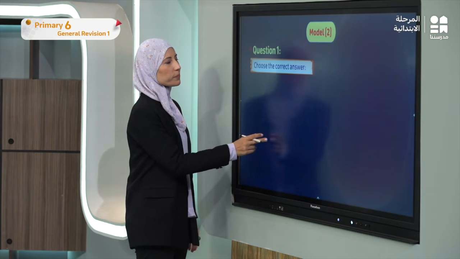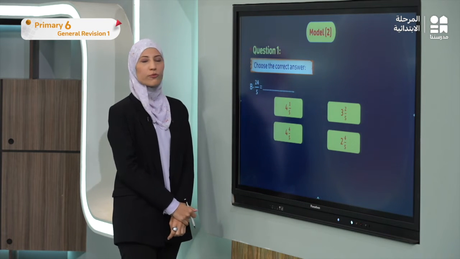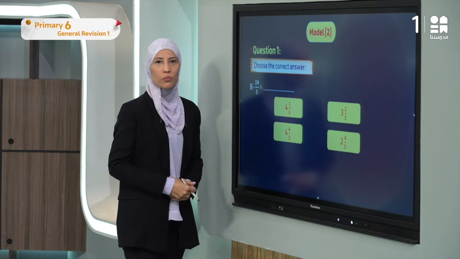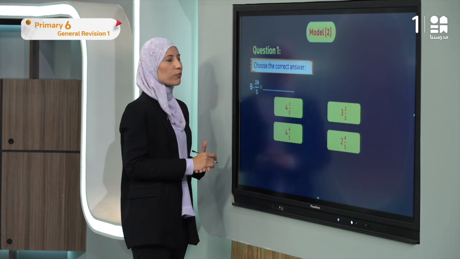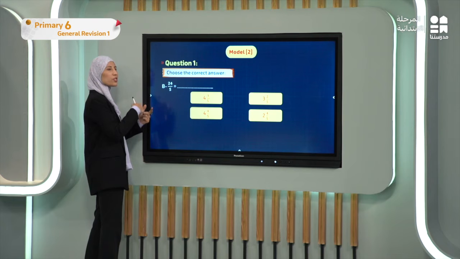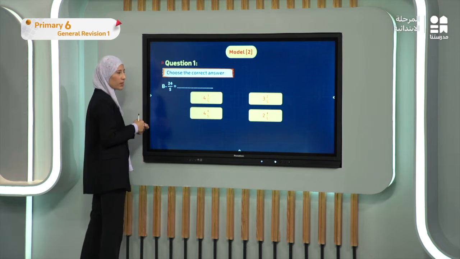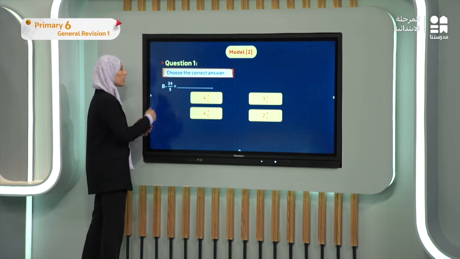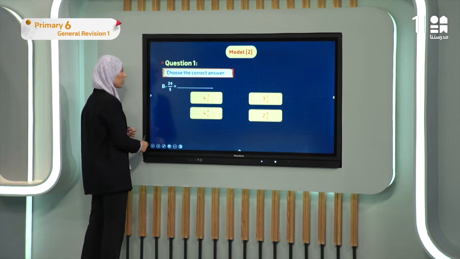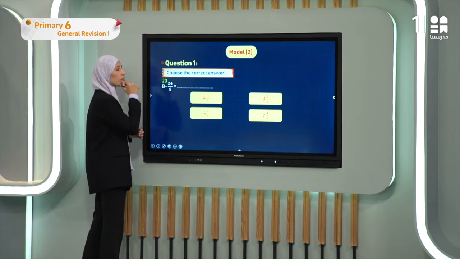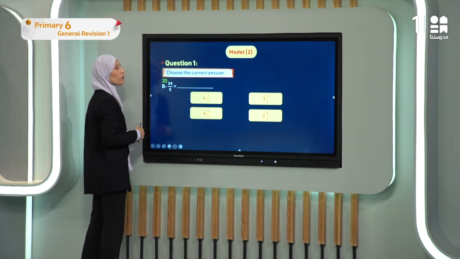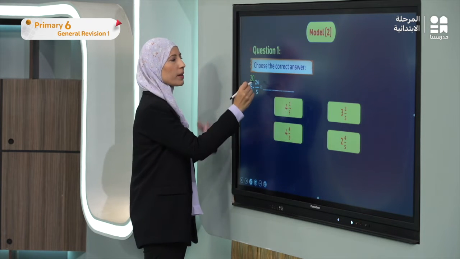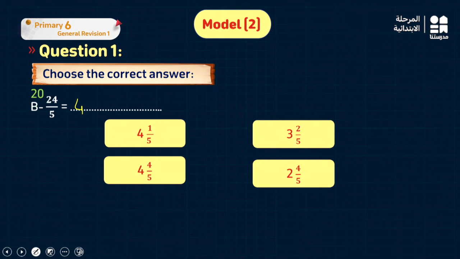Let's see the exercise. It says 24 out of 5 equals how many, as a mixed number. Let's remember how we made the mixed number. 24 out of 5: instead of long division, there is an easier way. I will go down to a number divisible by 5, until I reach 20. 20 divided by 5 equals 4.